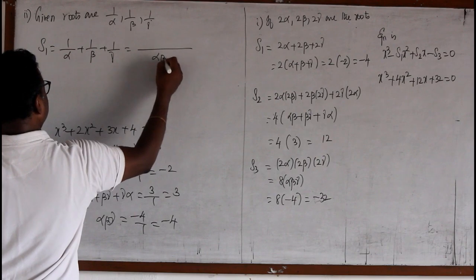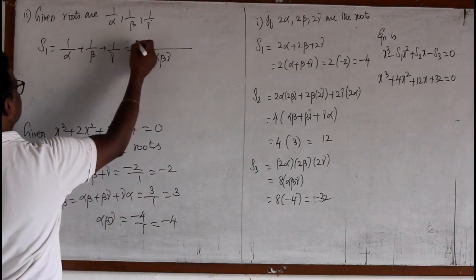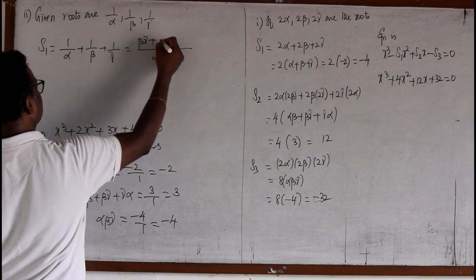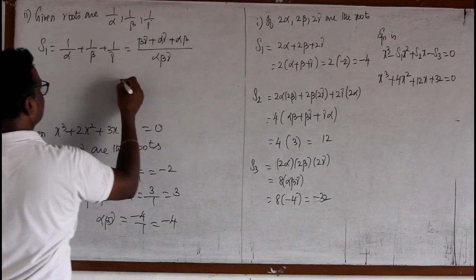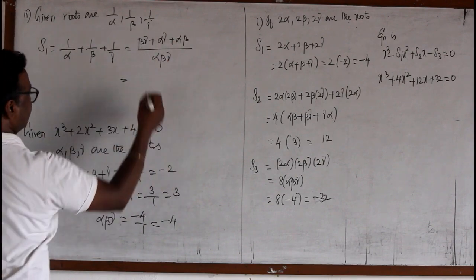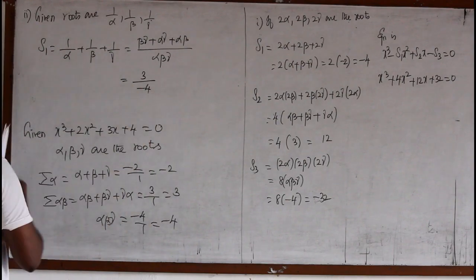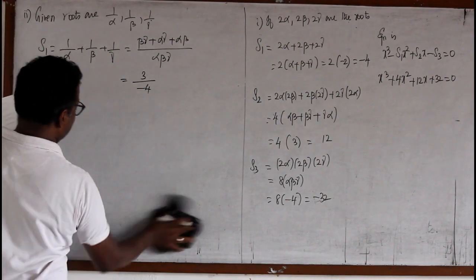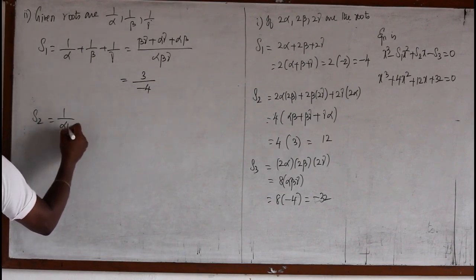Taking the LCM alpha beta gamma, for 1 by alpha, beta gamma is missing, similarly alpha gamma, then alpha beta. We have alpha beta, beta gamma, gamma alpha is 3. So the numerator is 3, denominator is minus 4. So minus 3 by 4.